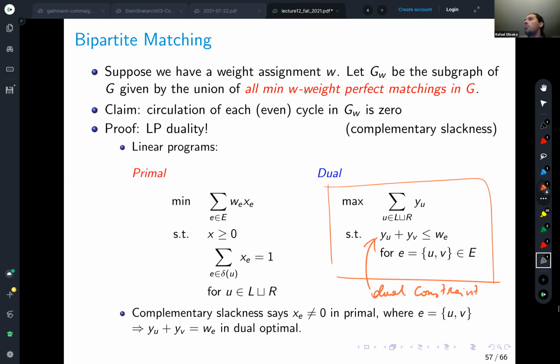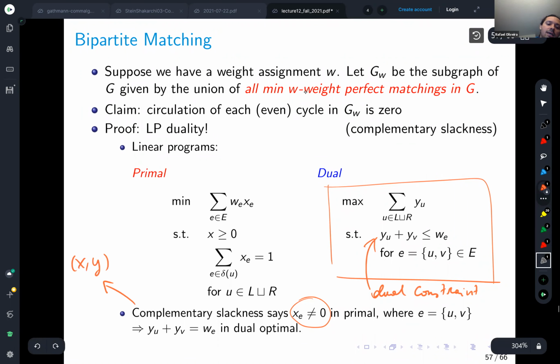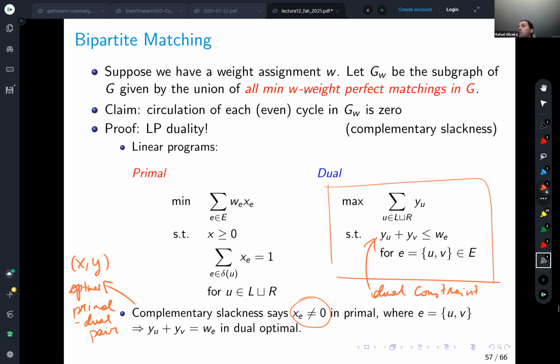And now, what does complementary slackness tell us? Here we're assuming that (x, y) is an optimal primal-dual pair. Complementary slackness says that if x_e is different from 0 in the primal, then the corresponding dual constraint is tight.